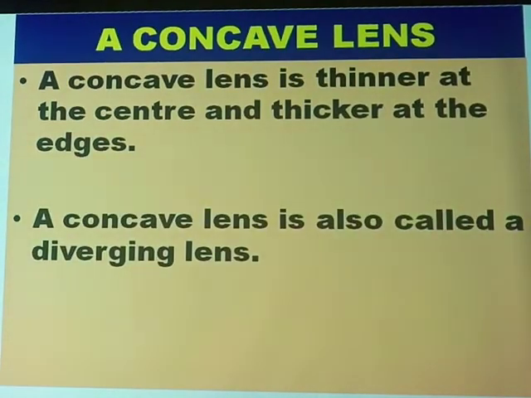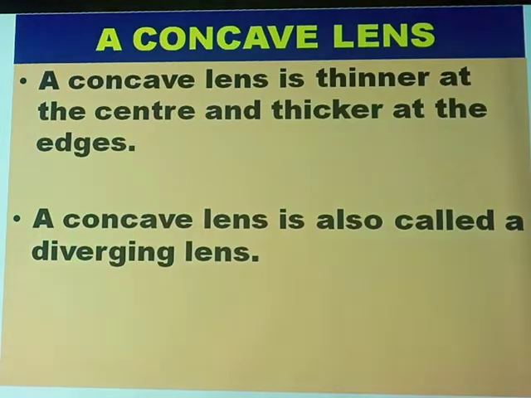Number two, we are saying a concave lens is also called a diverging lens. I want you to look at the word diverging. To diverge simply means to spread out. That's why a concave lens is called a diverging lens, because it spreads out light.